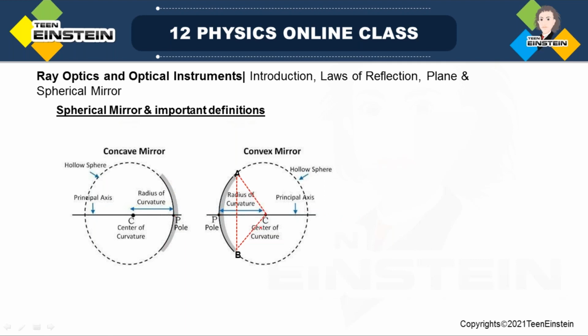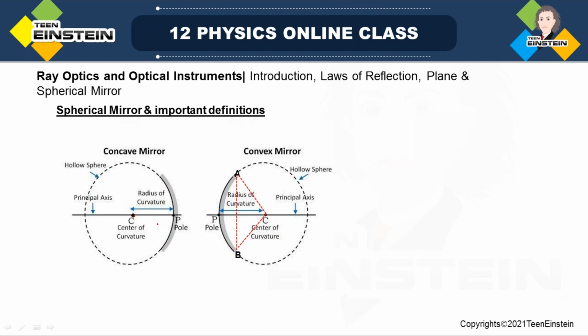Okay. All right. So any distances we will be measuring for the image formation, we have to take this pole as the reference point. With respect to it you will be measuring various distances: image distance, object distance, focal length, radius of curvature, etc. We'll learn what is radius of curvature first, or center of curvature.